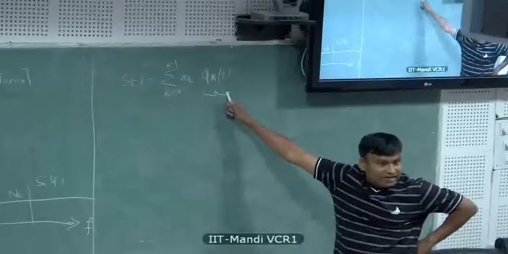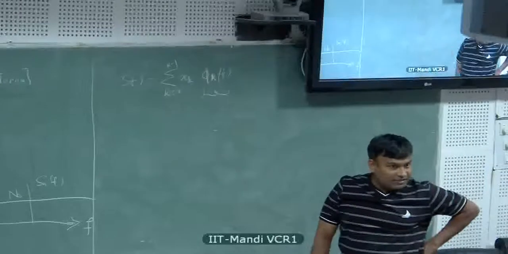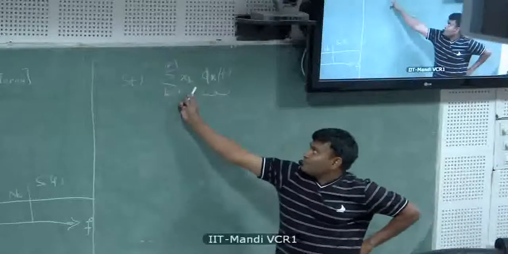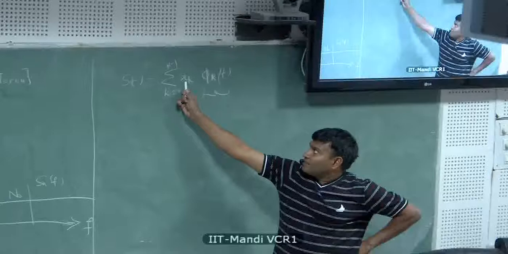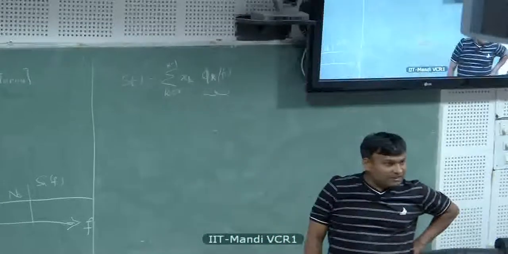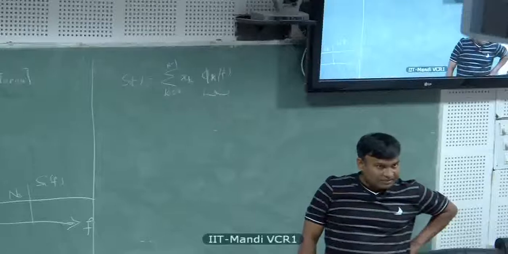If these functions phi k are chosen to be orthogonal, then given this, you can recover each x of k from s of t.